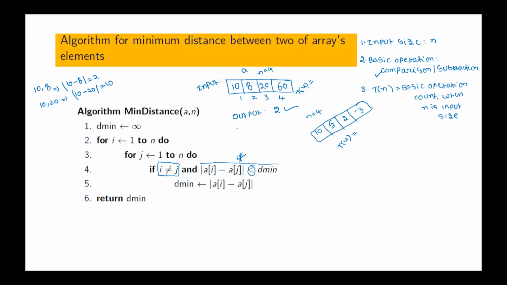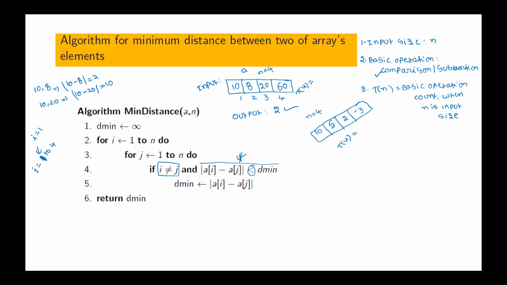When i equals 1, what are the values j can take? J equals 1 to 4. But the comparison will be performed, no?